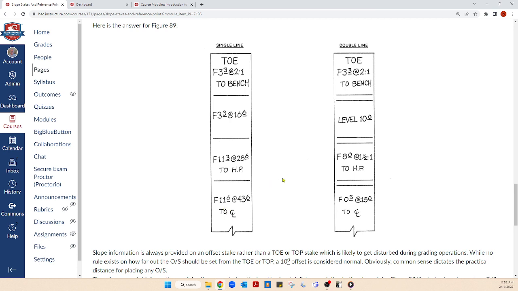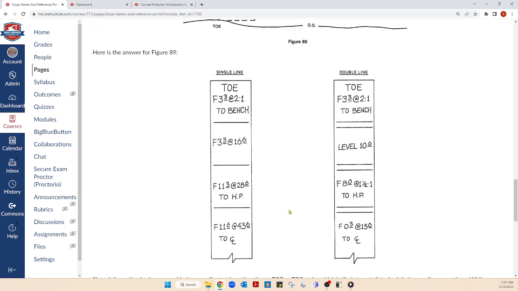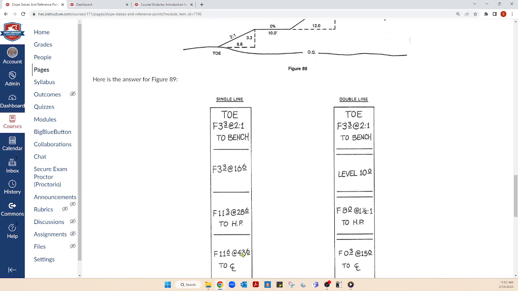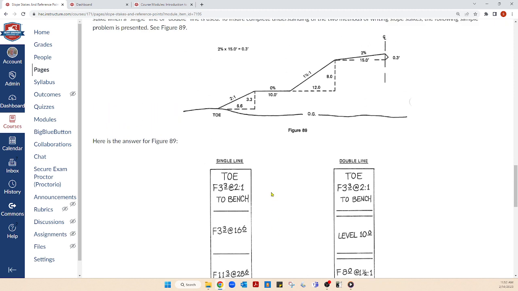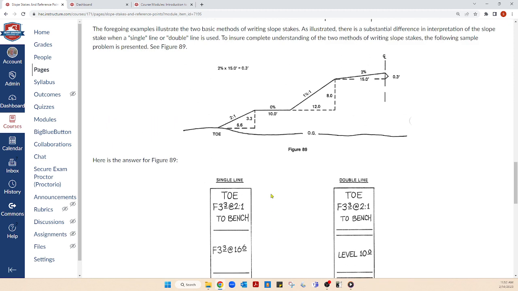Fill 11.6. Well, we see we're going higher by a bit. 3/10. That sounds familiar. But this is at 43.6. Let's see if we can come up with 43 on the horizontal. So the first horizontal is 6.6, 6.6 plus 10 plus 12.